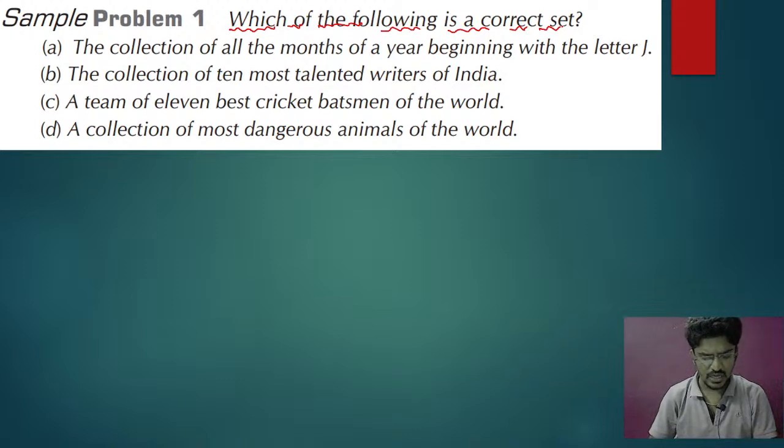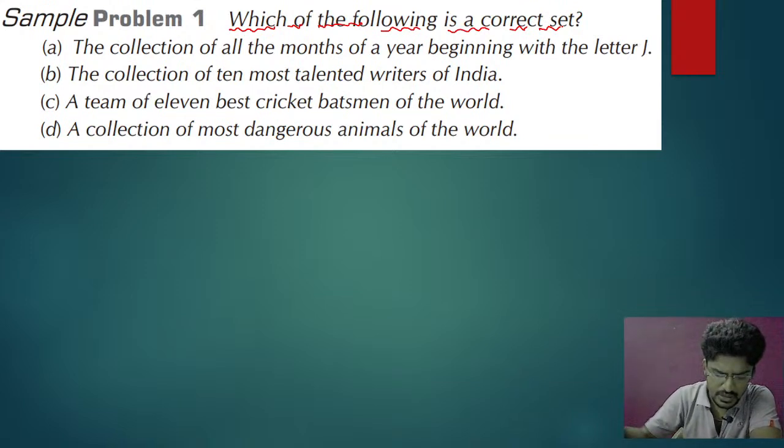We are beginning our new course, and I have already asked one question: which of the following is a correct set? Option A is the collection of all the months of a year beginning with the letter J. Option B is the collection of 10 most talented writers of India.